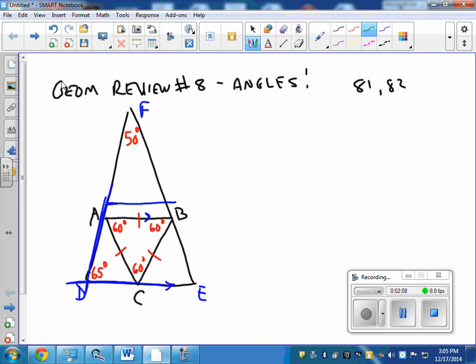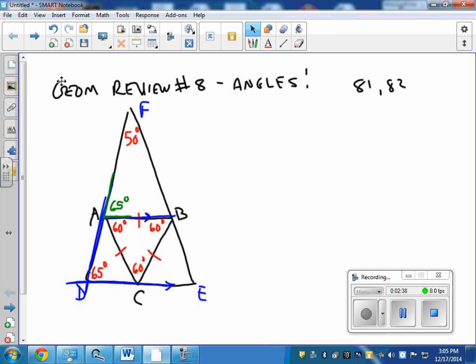Here's our corresponding angle. I'm going to slide that along the transversal and put it right there. So our corresponding angle, 65 degrees. If we slide it along the transversal, this is also going to be 65 degrees. Parallel lines cut by a transversal form equal corresponding angles.